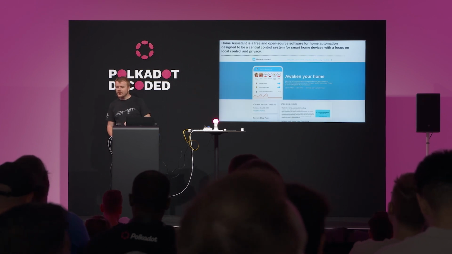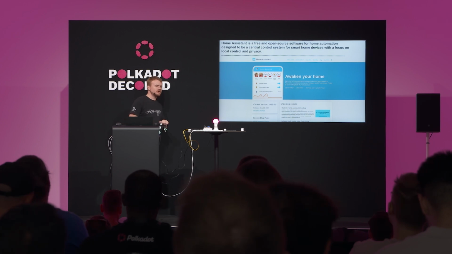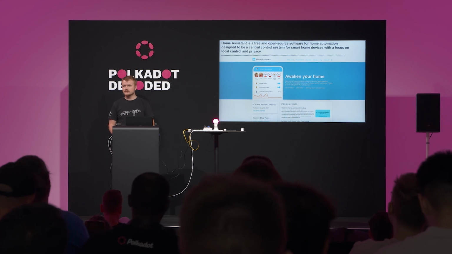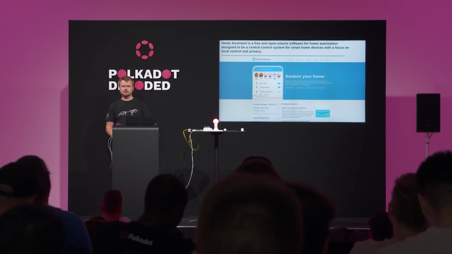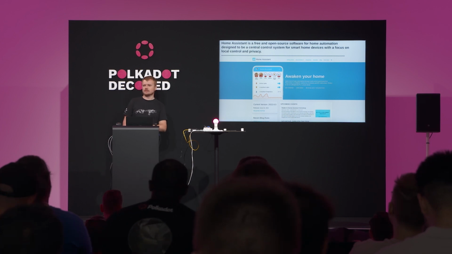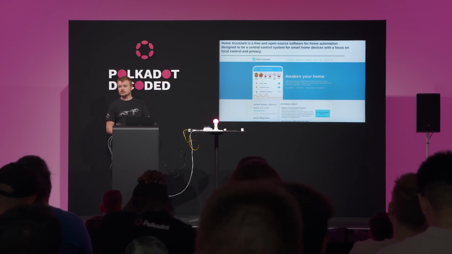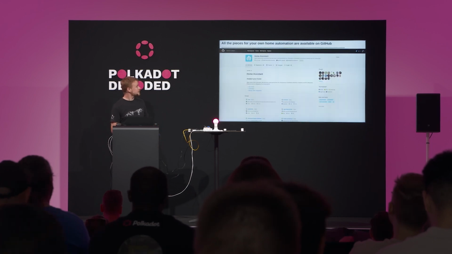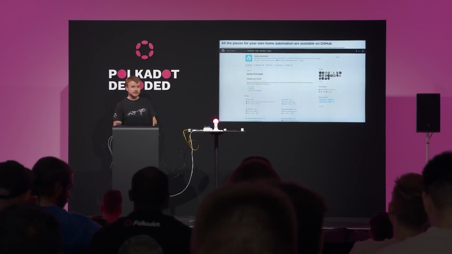This is a really nice home automation solution called Home Assistant. It's an open source solution with around 500,000 users around the world, hundreds and thousands of packages for different sensors and automation scripts, and a not bad developer community.